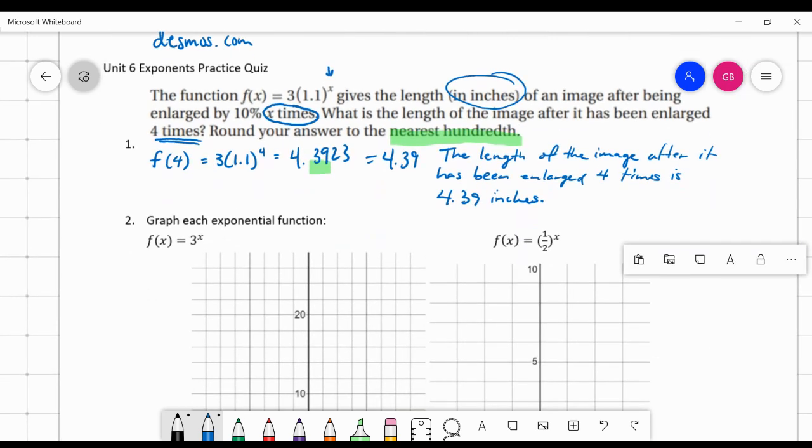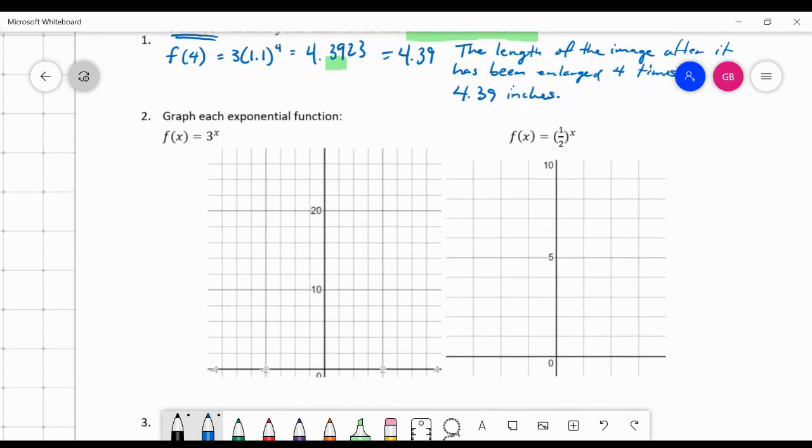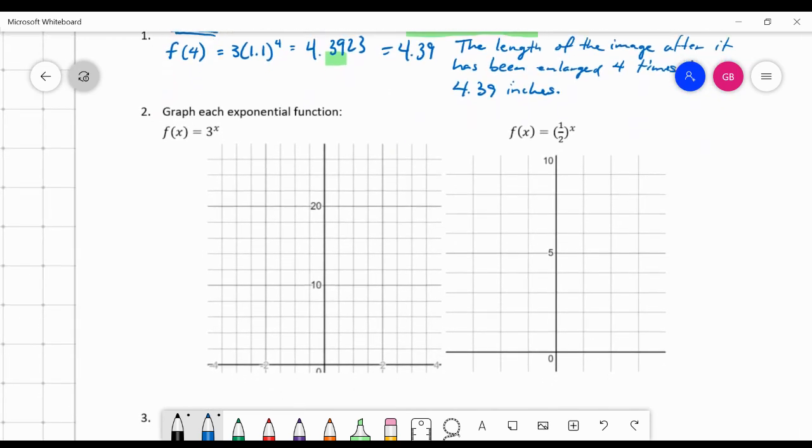All right. Number 2, we're going to graph each exponential function. So for these, we're going to make a table of values and substitute values into the function to get the result. So what I'm going to do is pick numbers before and after 0.